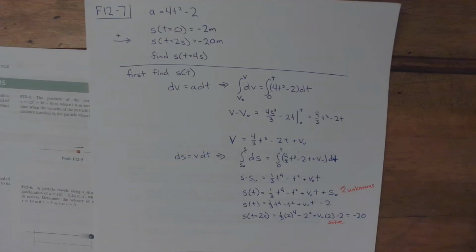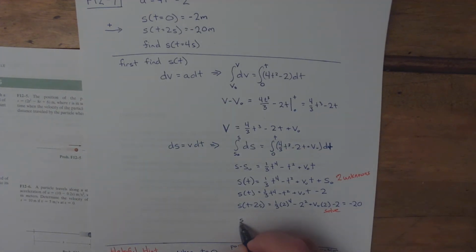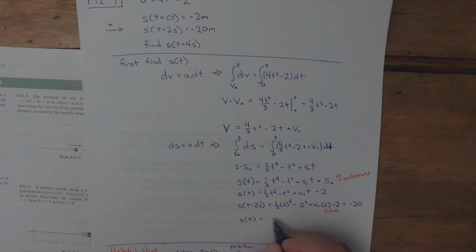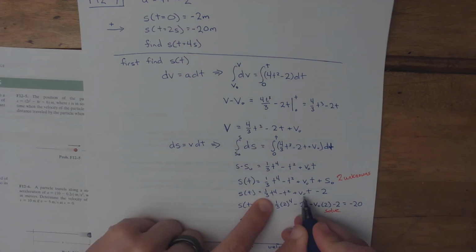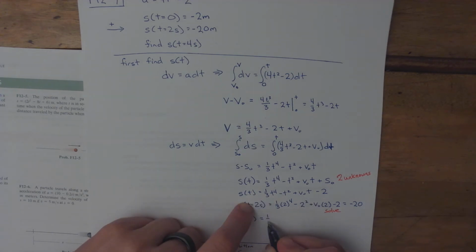So then, you get to solve that on your own. Then I have the position as a function of time. So going back to the equation that we had here, but putting in a negative 29 divided by 3 for v naught, I have 1/3 times t to the 4th minus t squared minus, this was exactly 29 divided by 3.